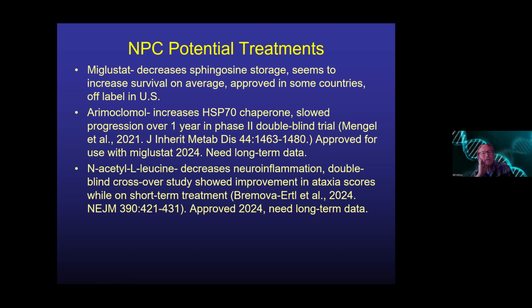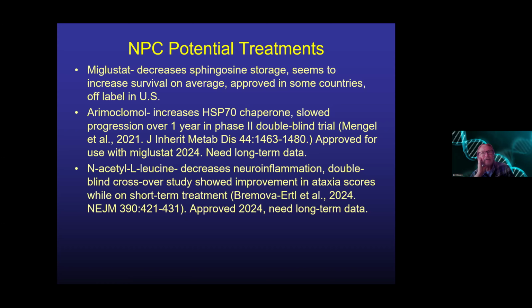This was interesting: it works even on patients with functional nonsense mutations. So they're just not making any, say, NPC1, and it still has an effect on those patients. How it's doing that, companies are exploring. We don't know. It slowed progression over 1 year in a phase 2 double-blind study.